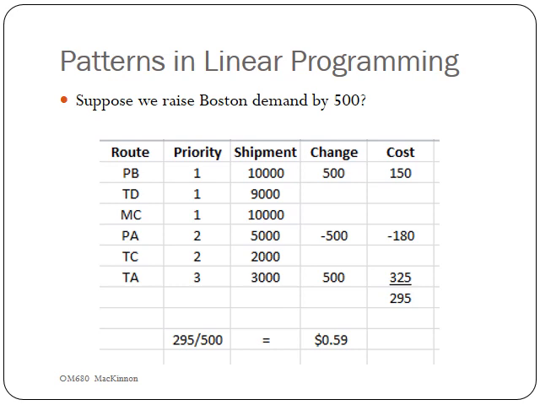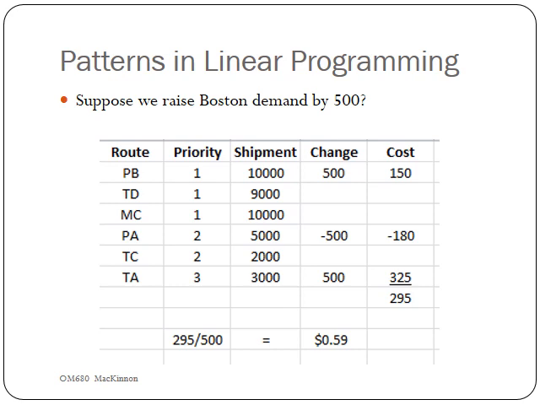So if Boston demand goes up, we know what the cost is, because we know what the Pittsburgh Boston cost will be. But that means that Pittsburgh now has 500 less to ship to Atlanta. And so that's a negative cost. Whatever we would have sent to Atlanta at that price is now gone.